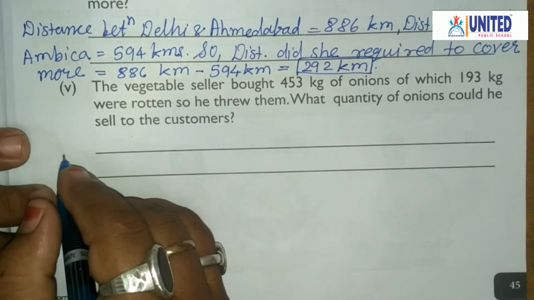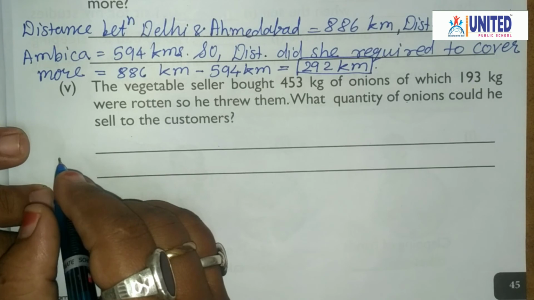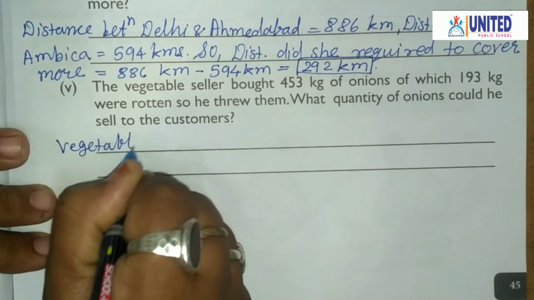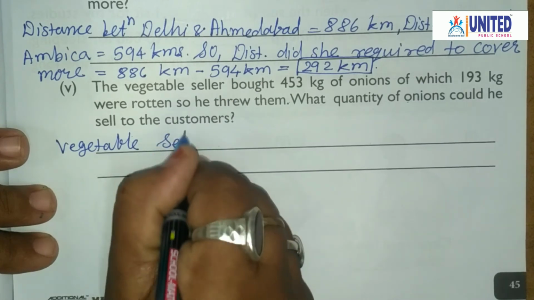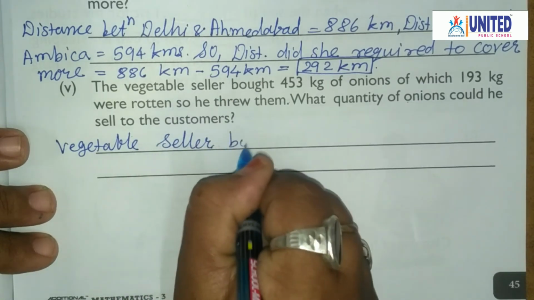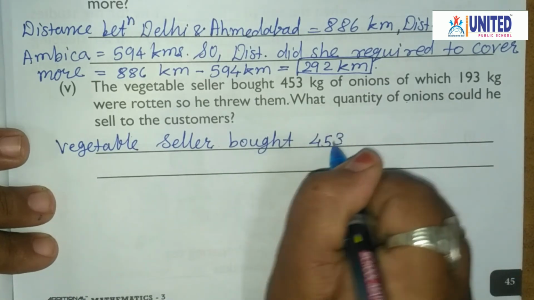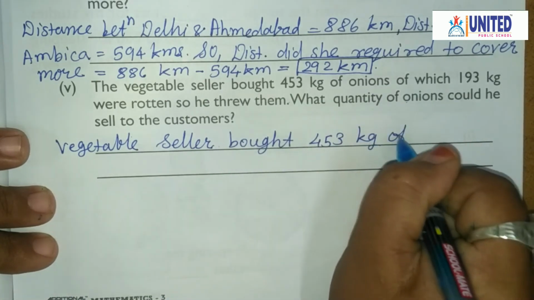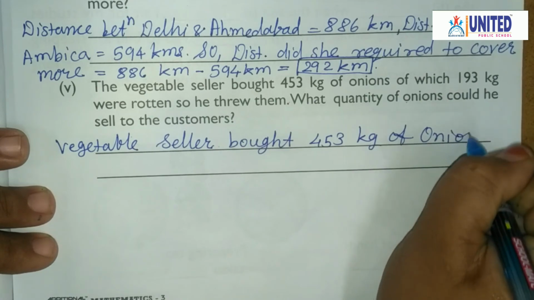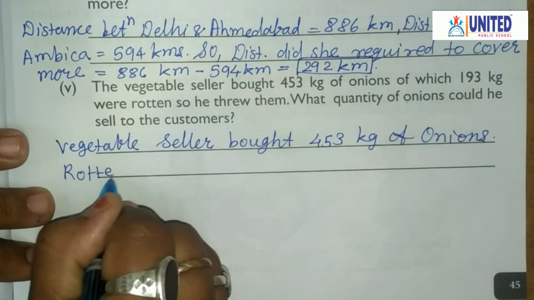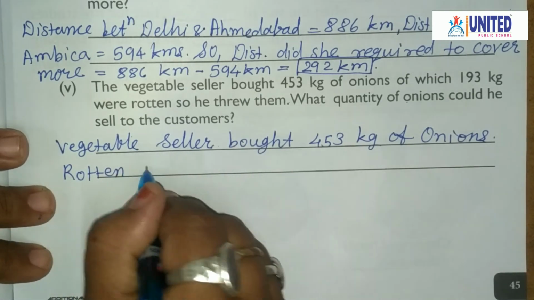So first of all, write vegetable seller bought 453 kg of onions. Okay. So rotten onion, rotten means what? सड़ जाना, खराब हो जाना.